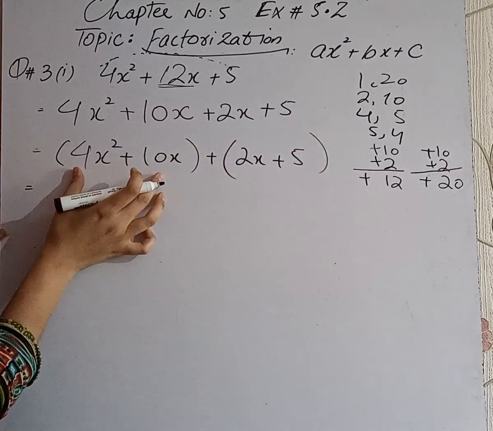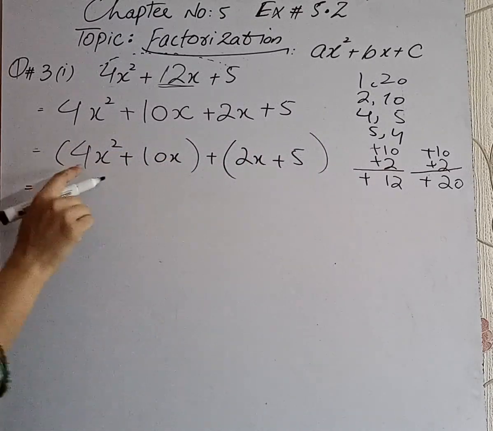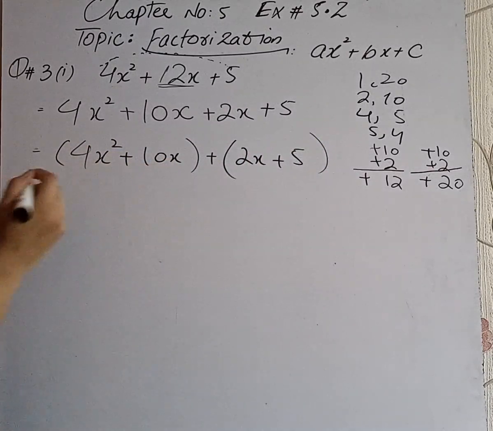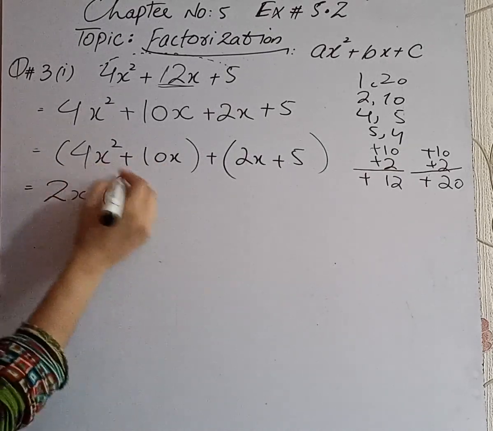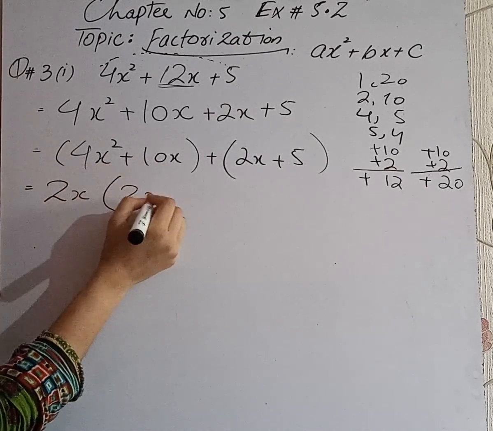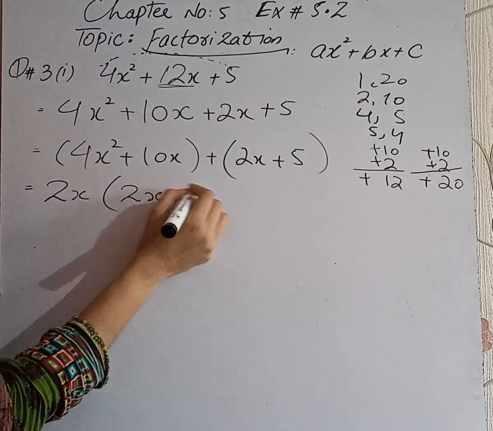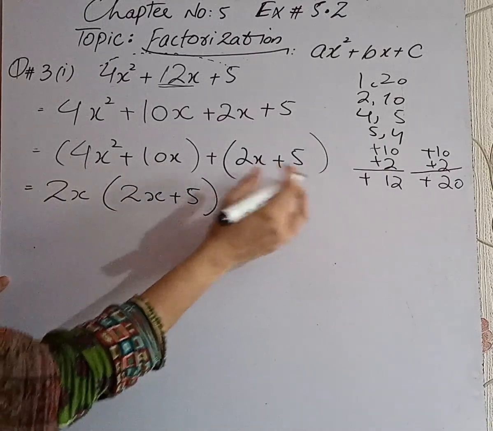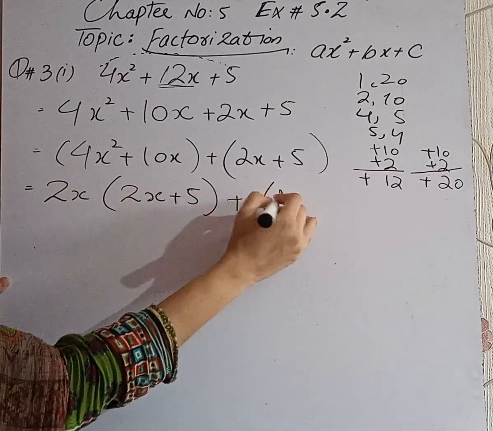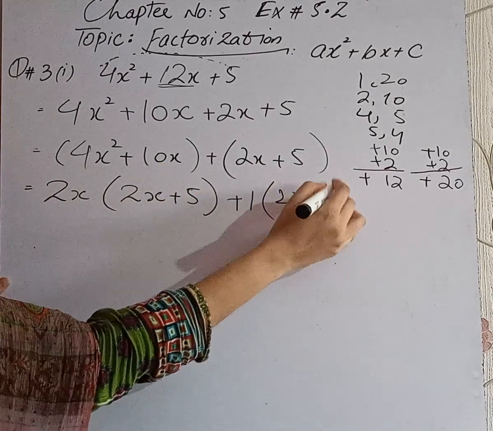From the first pair, the common factor of 4 and 10 is 2, and x is also present in both terms. So 2x times, 2 times 2x plus 5, we have taken x as common. From the second pair, 2x plus 5, no common, so that is 1 times 2x plus 5.